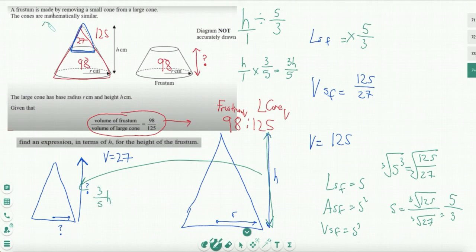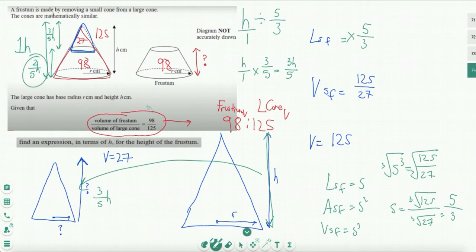Therefore, if the height of the whole cone is h, the height of the small cone is 3/5 of that. We need to find an expression for the height of the frustrum. Well, h stands for 1h, so 1h minus 3/5 h, 1 minus 3/5 is 2/5 h. And that's an expression for the height of the frustrum.